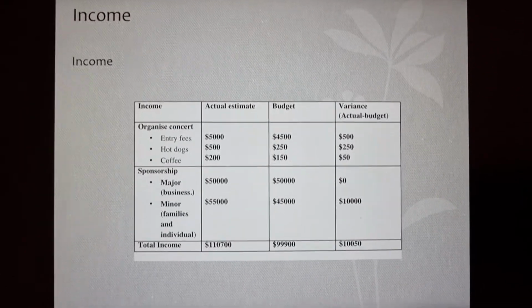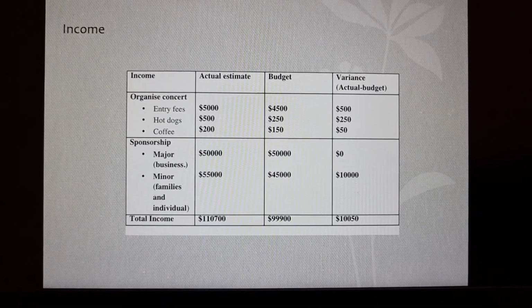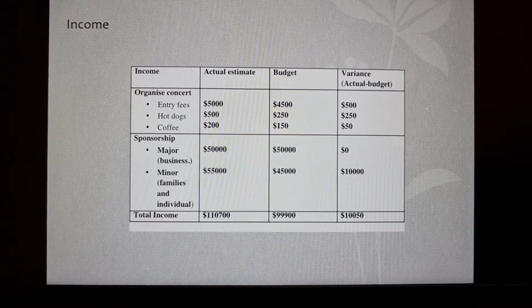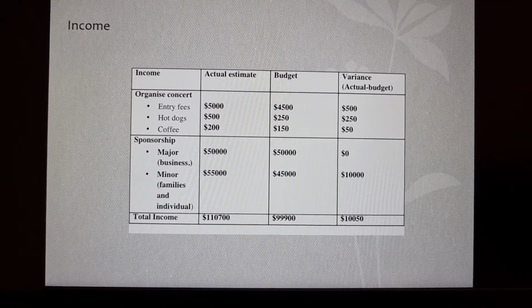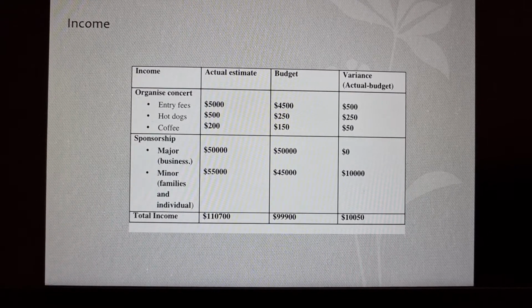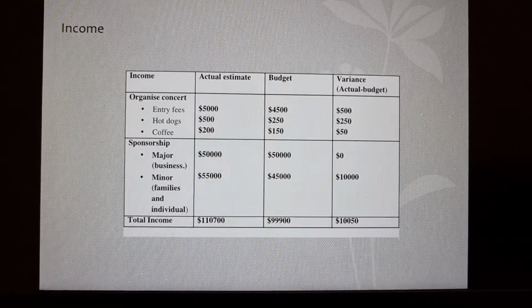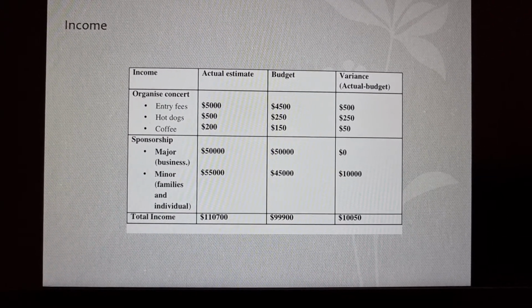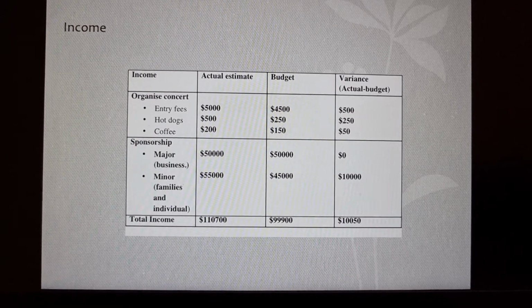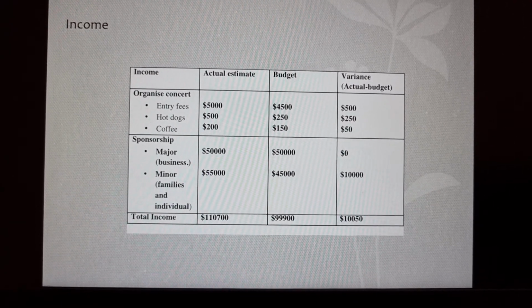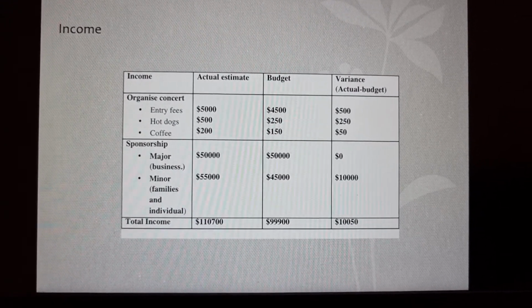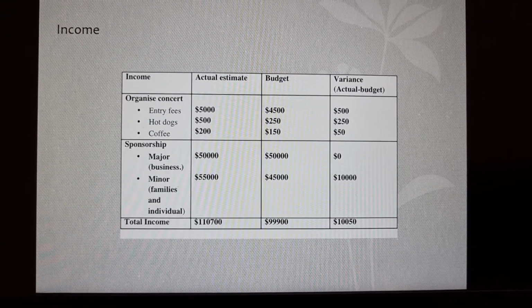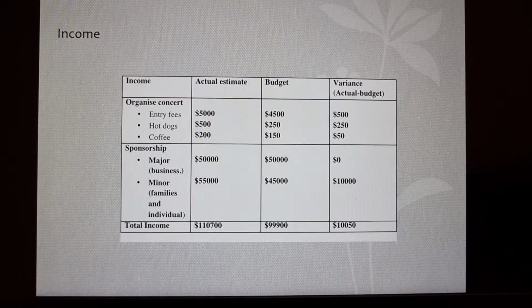On this first table, we talk about the income aspect of the event. The first item is organizing the concert, where we will charge an entry fee. The budgeted amount we believed we would receive from entry fees was 4,500, while we actually received 5,000 as there was a lot of foot traffic.